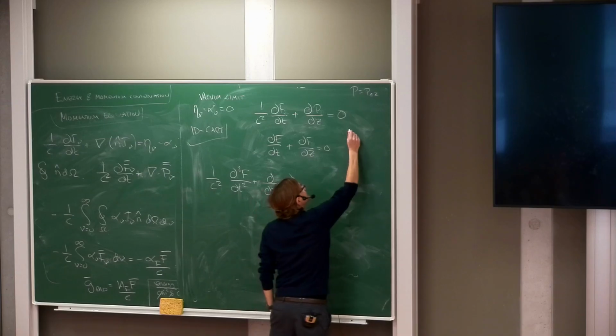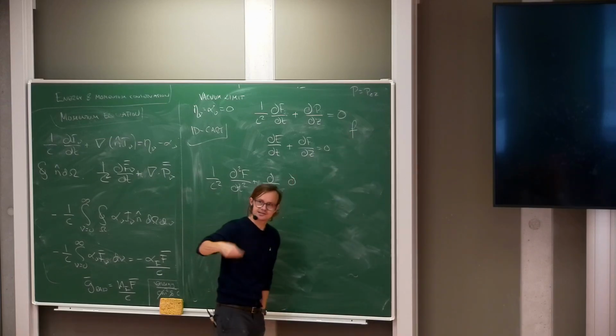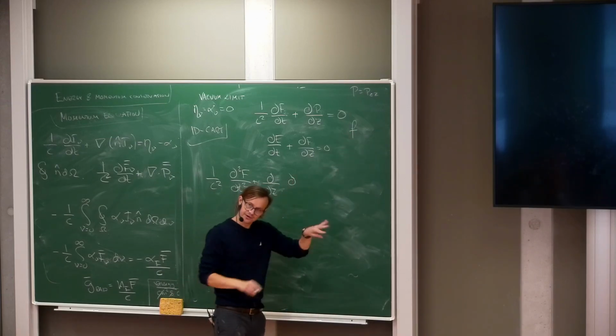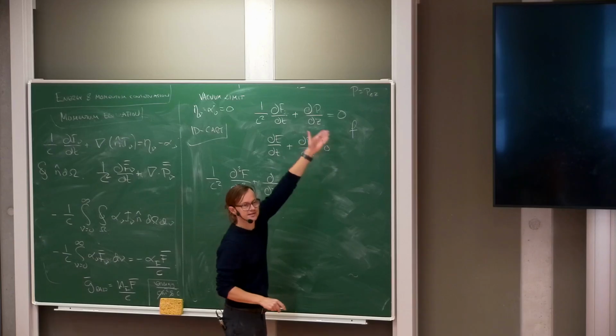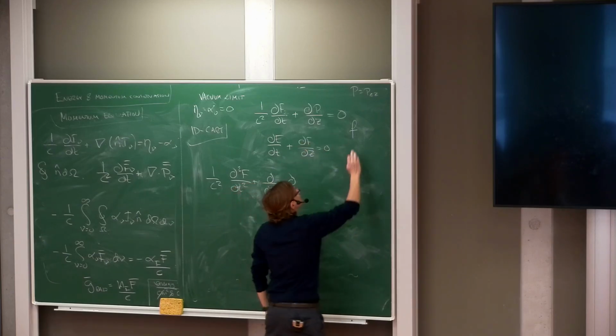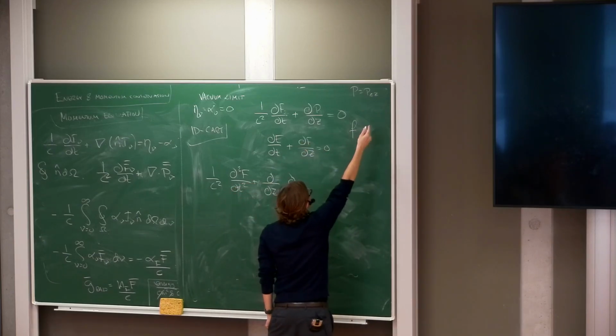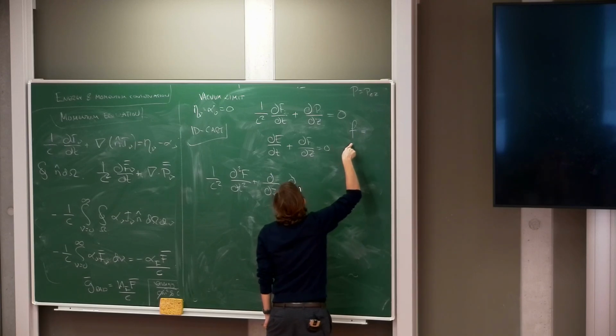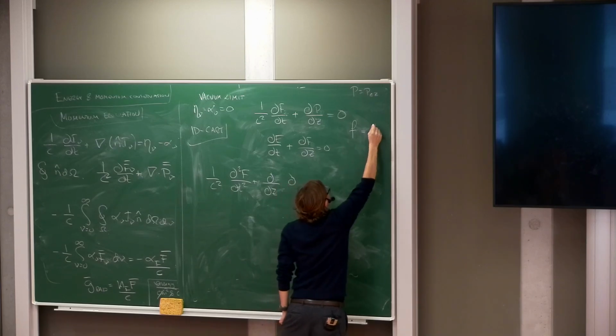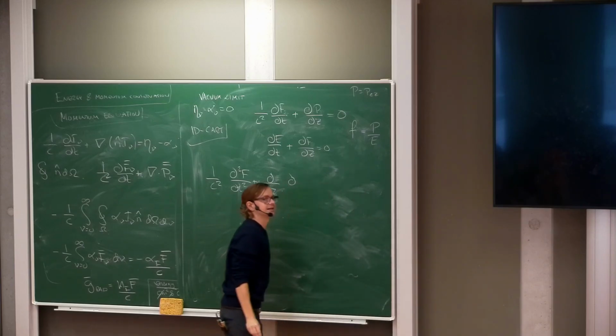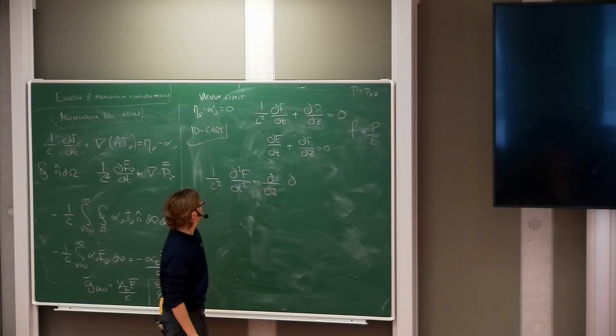We call that the Eddington factor, or the Eddington tensor in the generic form, but here we're assuming already that it has only elements on the diagonal. So the Eddington factor in this case is just P divided by E. Okay?